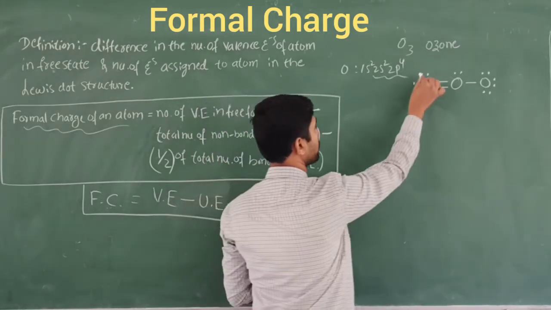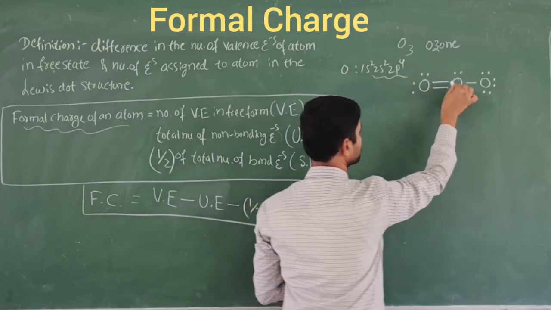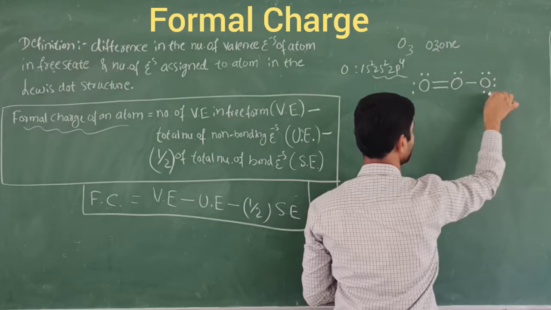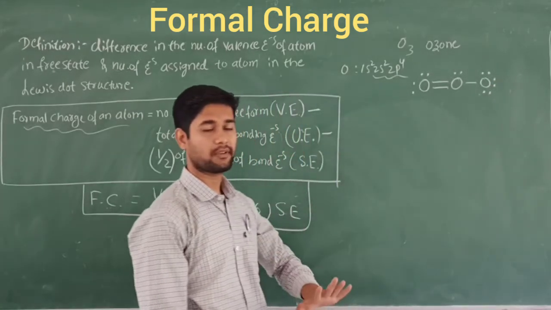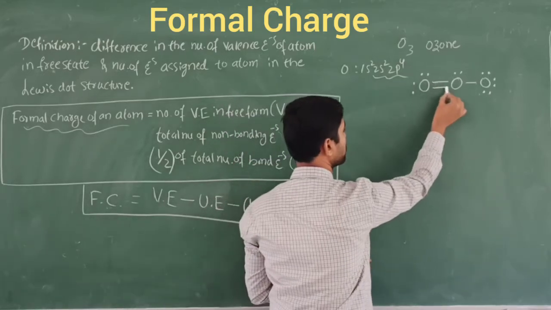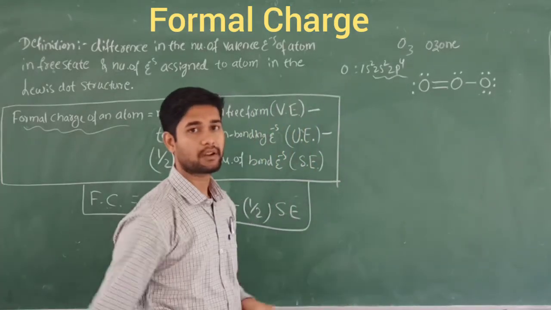That is 1, 2, 3, up to 18. So the total number of valence electrons is satisfied here. These are the bond pair electrons, and these non-bonded ones are the lone pair electrons.